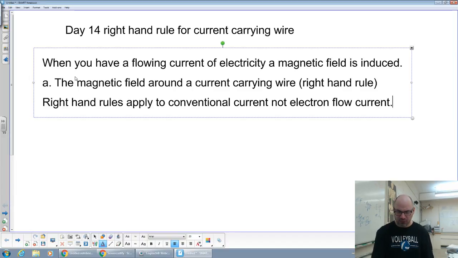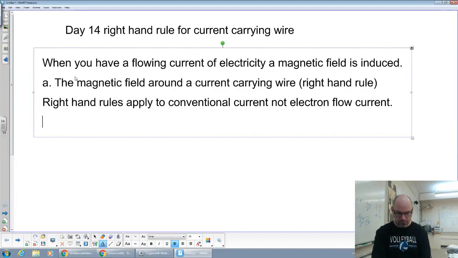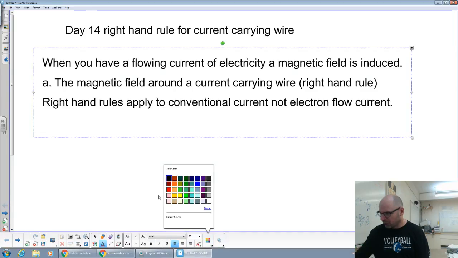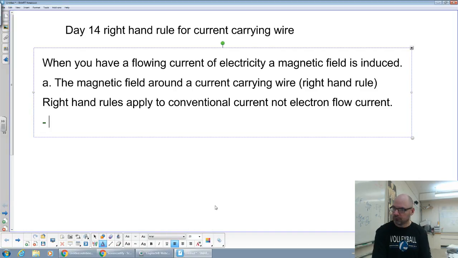Okay, so the right-hand rule states this. Let's use different colors so that we can state it. I already stated it in the demo video, but let's type it out here. Grab the wire with your right hand.